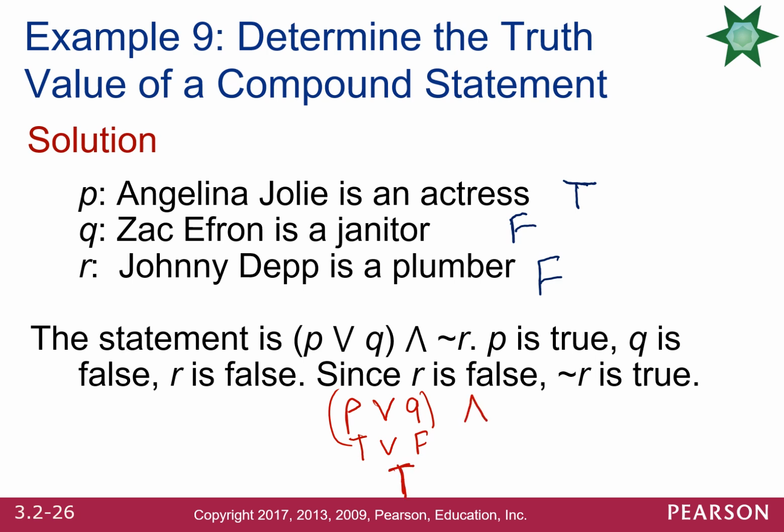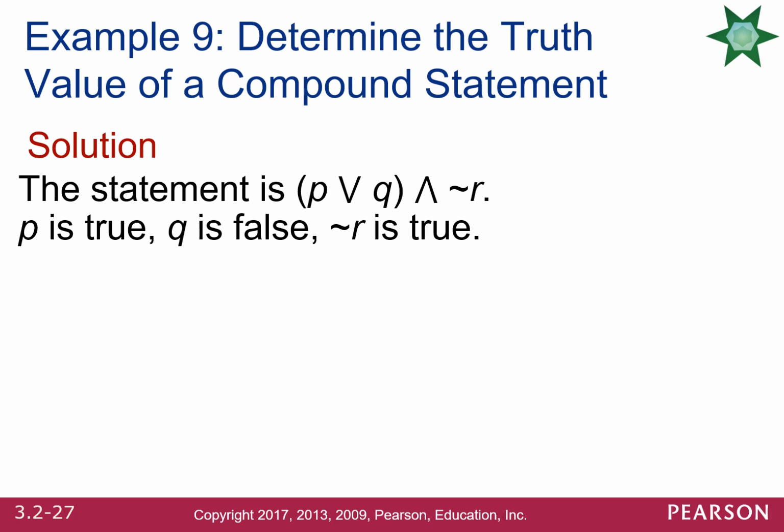And then we have and not R. So not R resolves to a true, correct? R is false, R is F, so not R will resolve to a true. So T and T will resolve to a T. So here's the final workout of the solution. It says the statement is P or Q and not R. So P is true, Q is false, and not R is true.